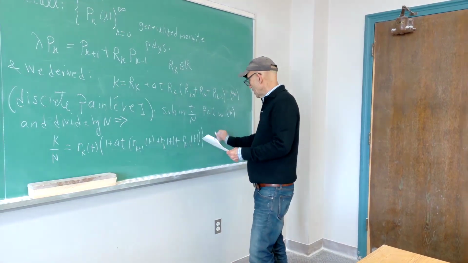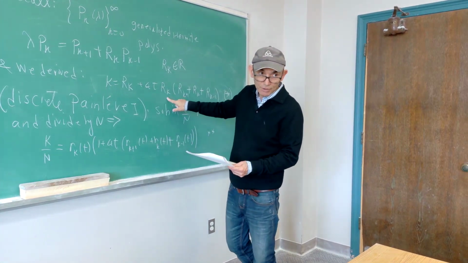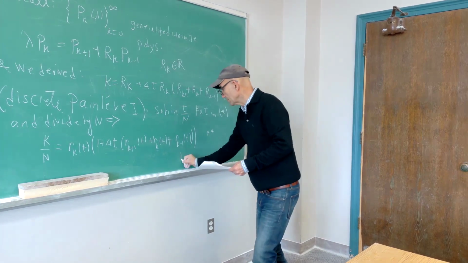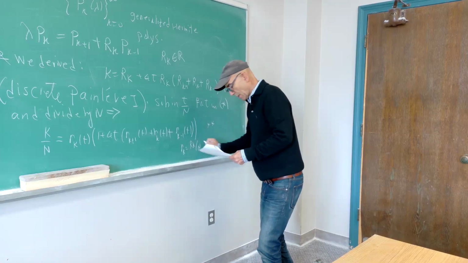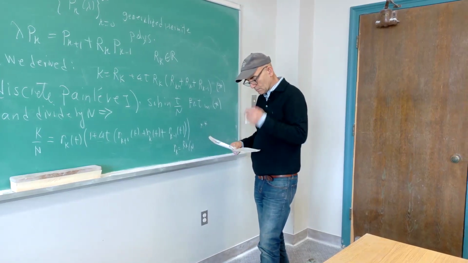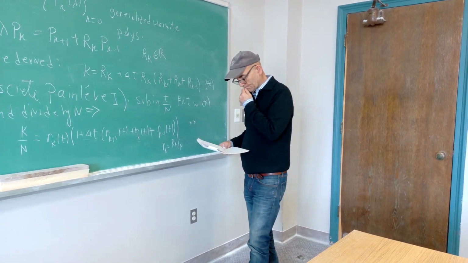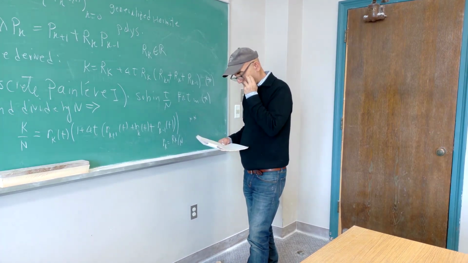We call this double star, where little r_k is equal to r_k divided by n.